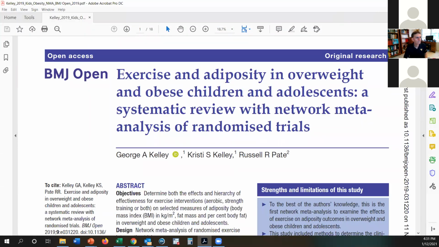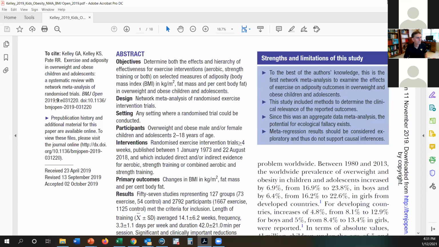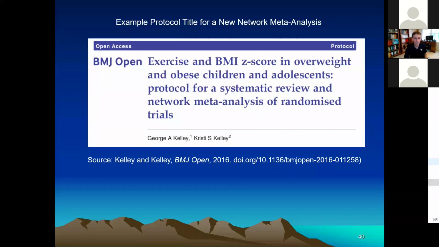Here is another question. It says, is there a minimum number of interventions that you can add in a meta-analysis? Yeah, in a network meta-analysis, you're traditionally looking at three or more different types of interventions.